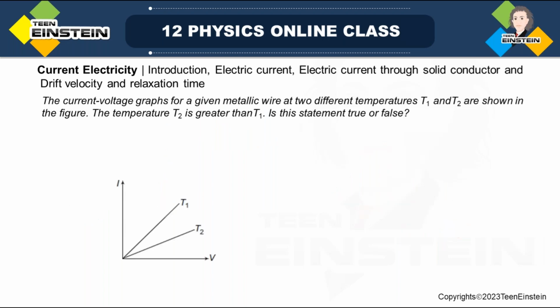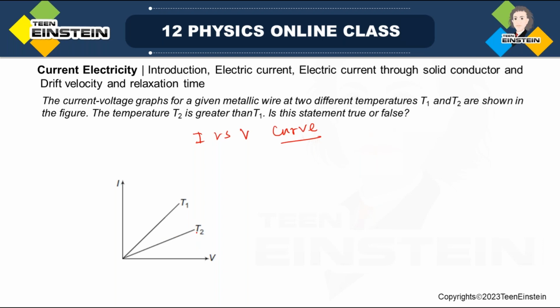So here I have a very simple problem. You can see that this is an I versus V curve, and the device for which this is drawn has current and voltage following a linear relationship.